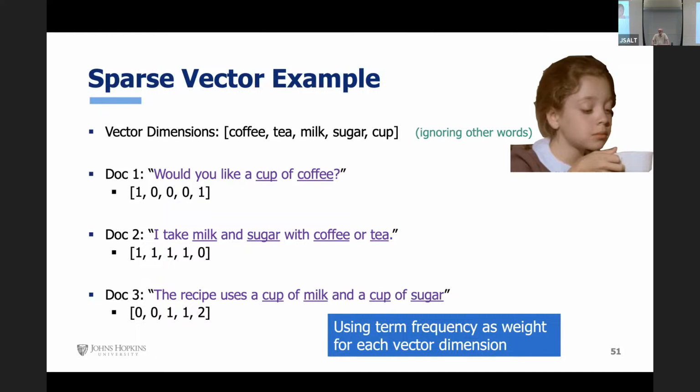Here, cup occurs twice, so we count it twice in our vector. Okay. So you can see how these would be sparse because if the dimensions are the tokens in your vocabulary, and your vocabulary has 30,000 or a million or whatever words, a sentence is not going to have that many. There are going to be very few ones in that vector. Okay, so it's a really sparse representation.